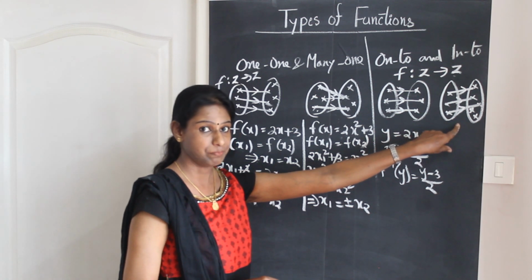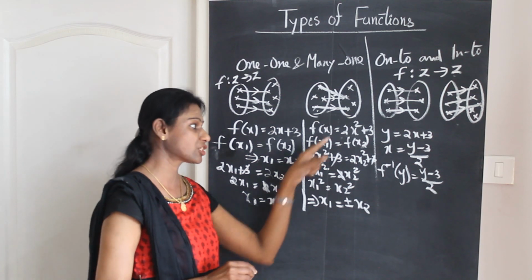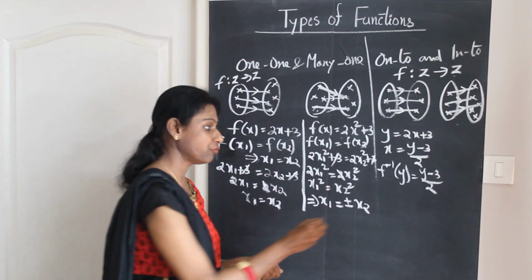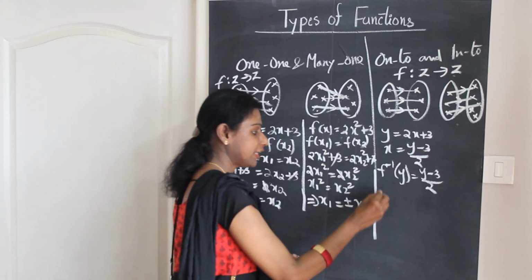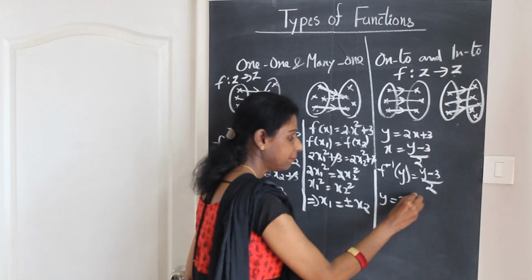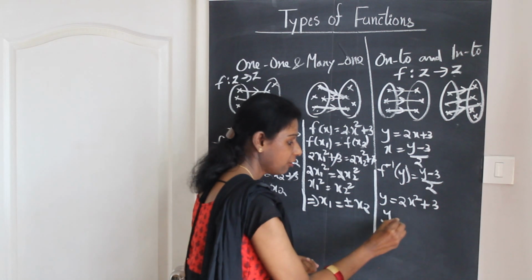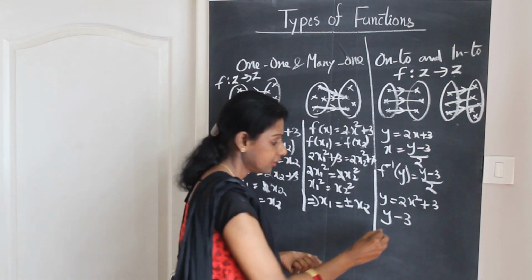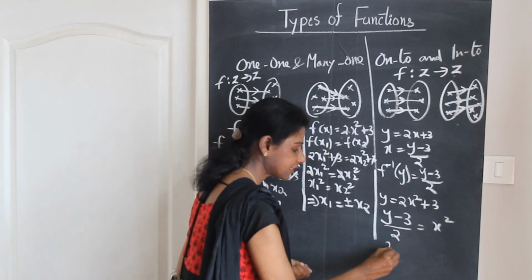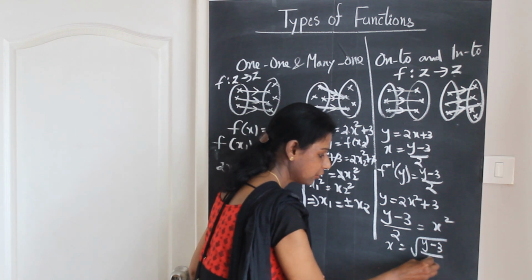Now the second one, take this example. f of x is equal to 2x squared plus 3. Check whether it is an onto function or an into function. Second case, if we take y is equal to the same thing, 2x squared plus 3, then (y minus 3) divided by 2 is equal to x squared, or x is equal to the square root of (y minus 3) divided by 2.